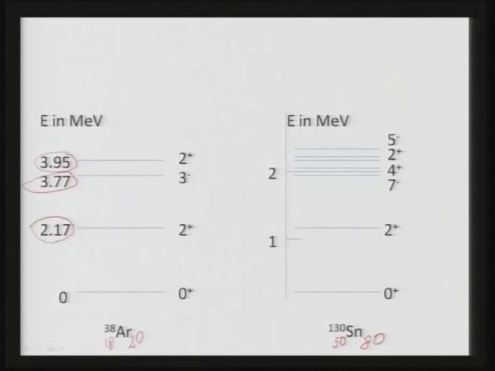So, the ground state is 0 plus, and then the first excited state is at 2 plus. Same was the case with argon 38, the first excited state was 2 plus. Here also the first excited state is 2 plus, and this is around 1.2 MeV. And then you have a series of energy levels, 7 minus, 4 minus, 2 plus, 5 minus, and so on. Many of them.